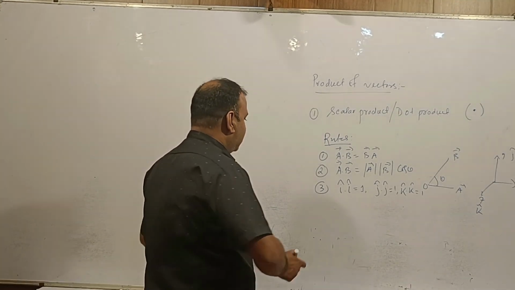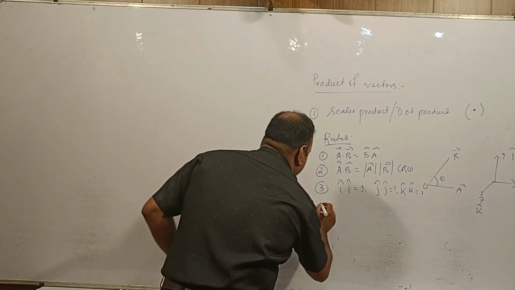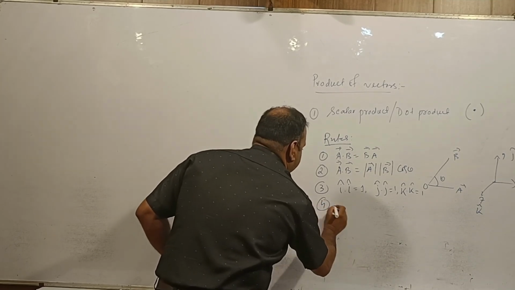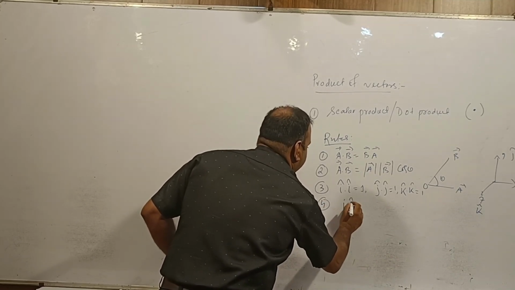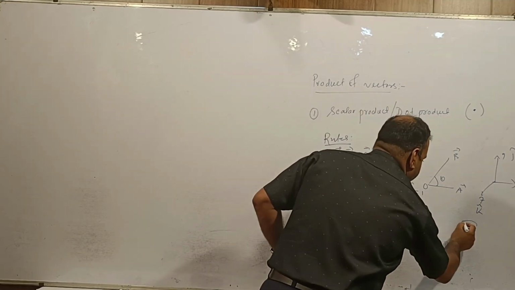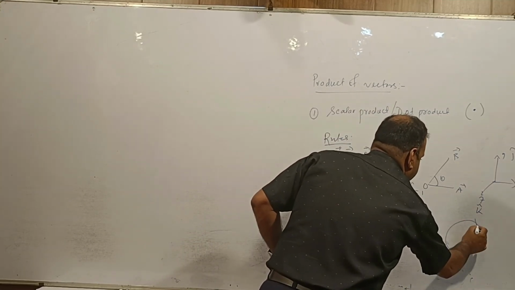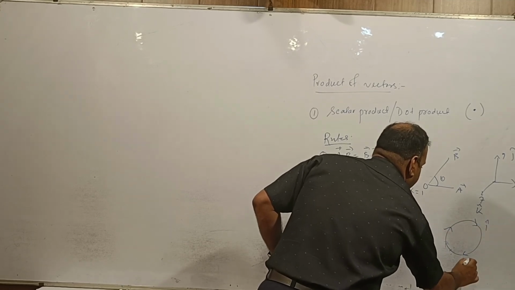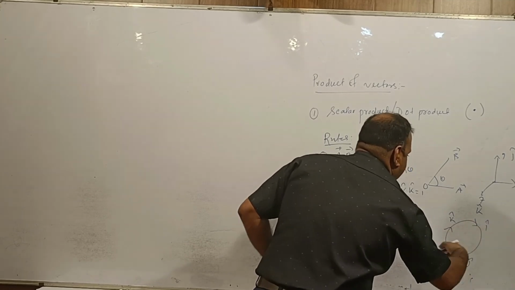But when you are taking different unit vectors, for example i dot j, you have to remember one circle. This is a circle. You can see here i cap, j cap, k cap. I consider the clockwise direction.